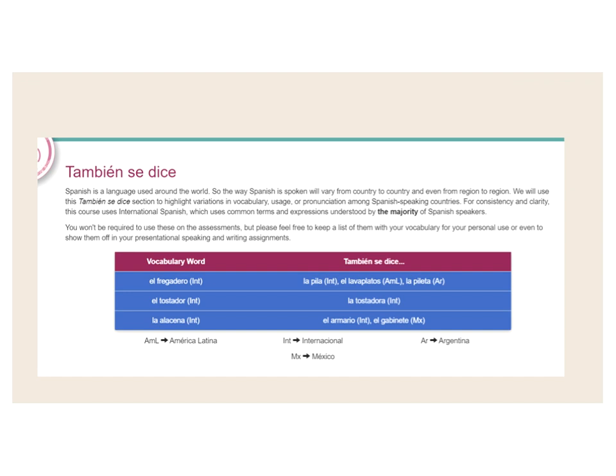You'll also see some words like fregadero, el lavaplatos, even though they may say el fregadero, el lavaplatos can be a dishwasher as well. El tostador or la tostadora, la alacena, which are the cabinets, or some people, we just say los gabinetes, mean the same thing.